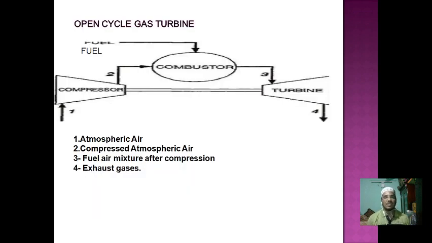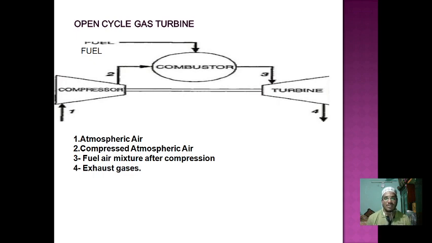Next one is the open cycle gas turbine. Here the cycle will not be closed. Here we are inserting air in the compressor, then combustion, then after that the turbine. These are the four processes.